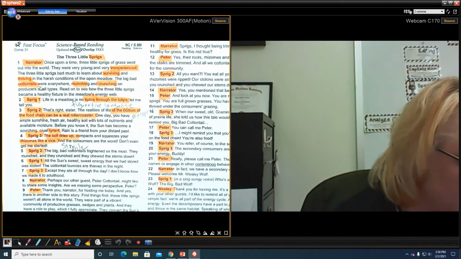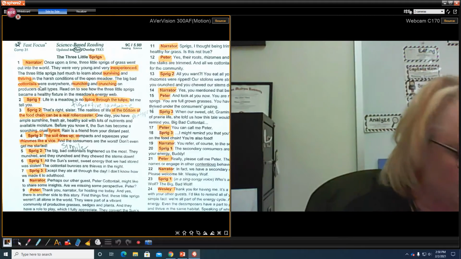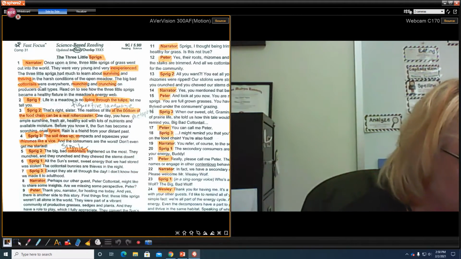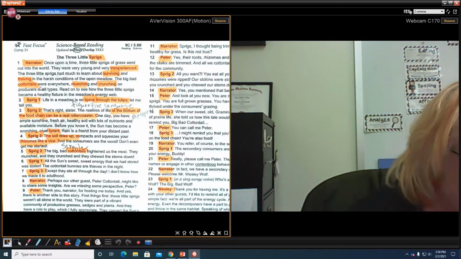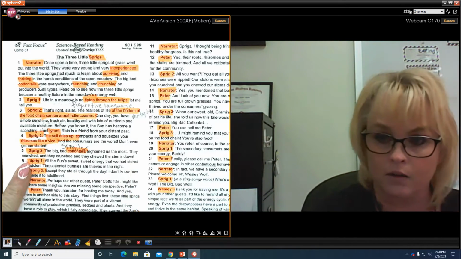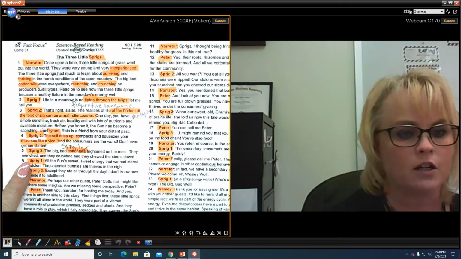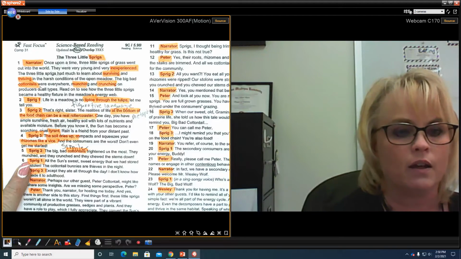Okay, the big bad cottontails, here we have a compound word again, cotton and tails, frightened us the most. They munched and they crunched and they chewed the stems down. I like how that's kind of playing off of the big bad wolf and the three little pigs. Munched and crunched and chewed the stems down.